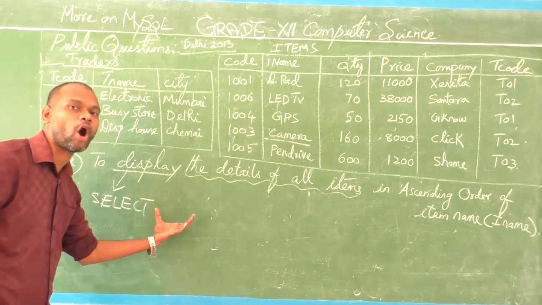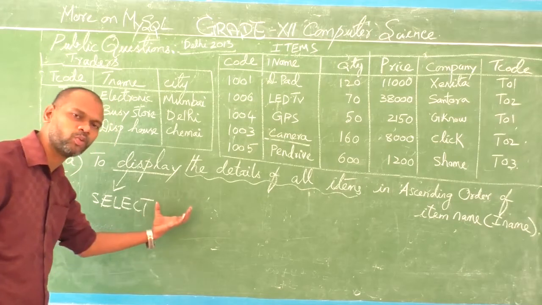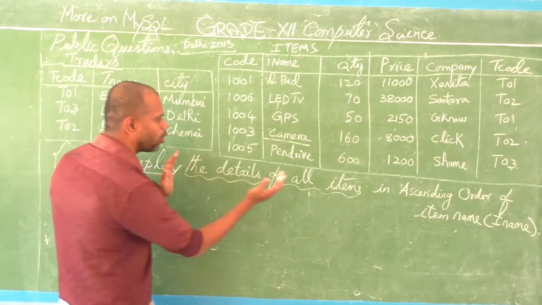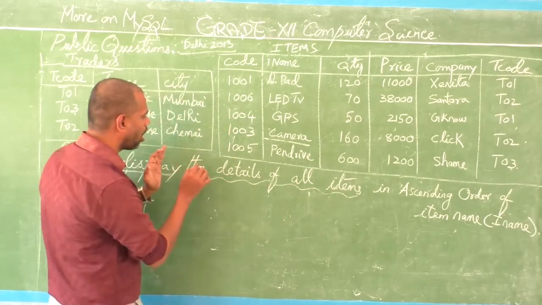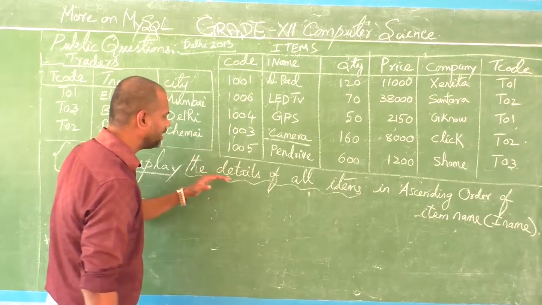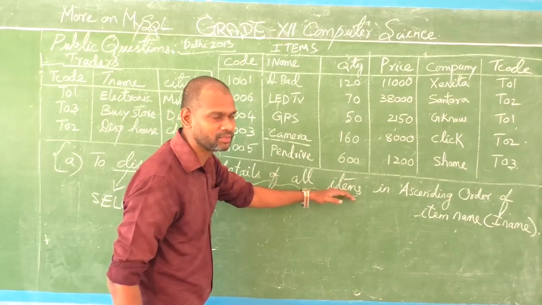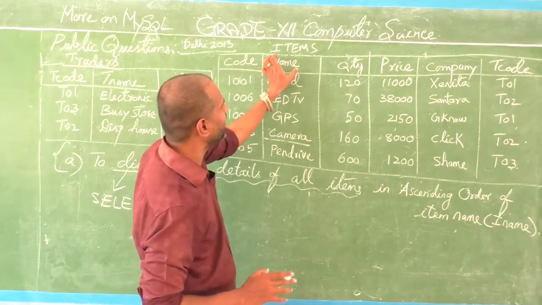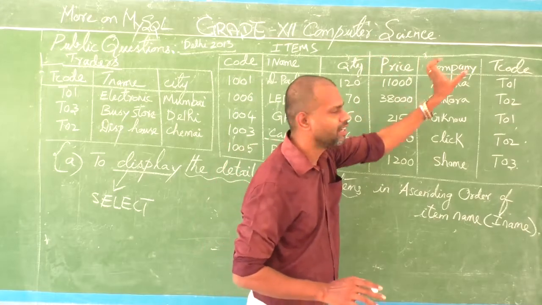Next, after select, you have to write the column names. What column names have they given? All the details of items, which means complete item details: code, INAME, quantity, price, company, T code.